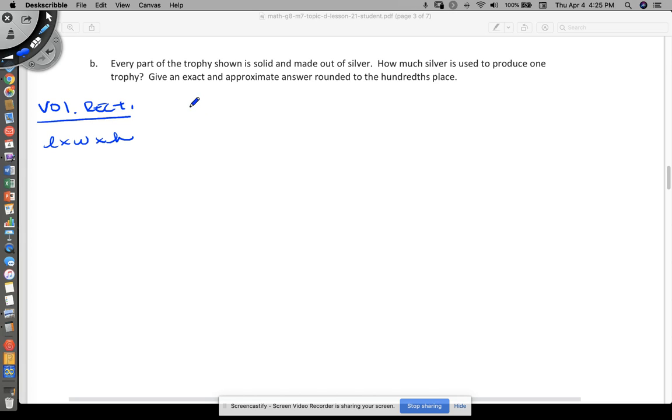We're going to now solve for the volume of the cylinder. That is going to be pi r squared h. So that's pi times half squared times 6.